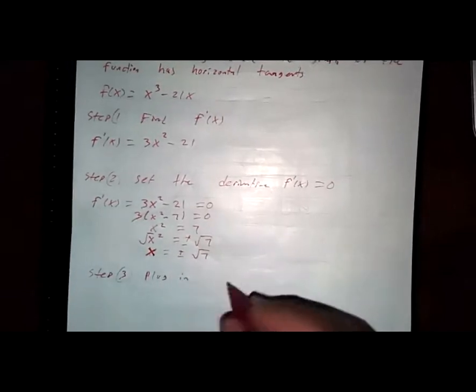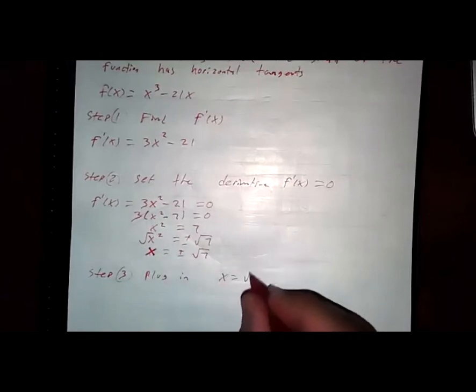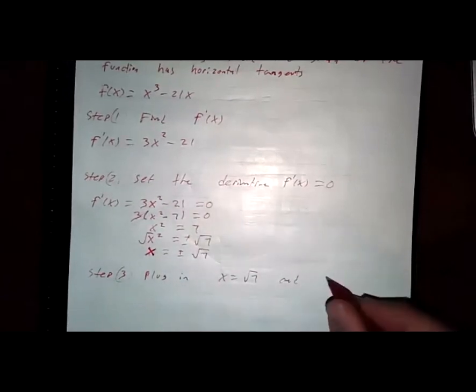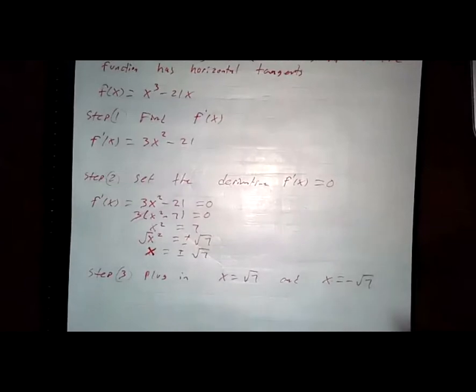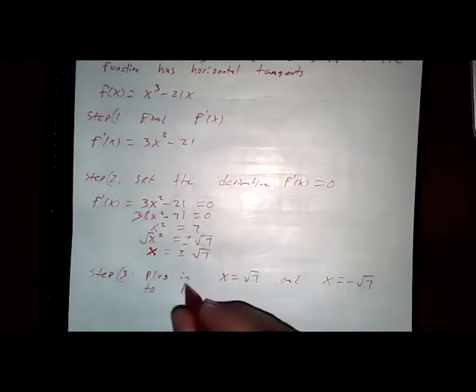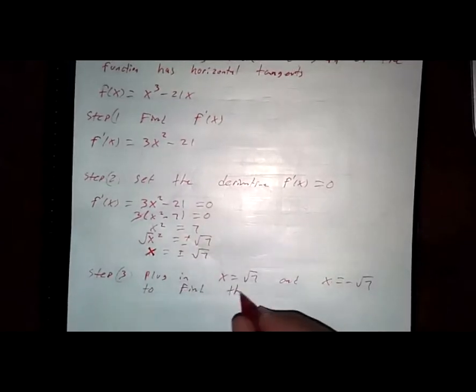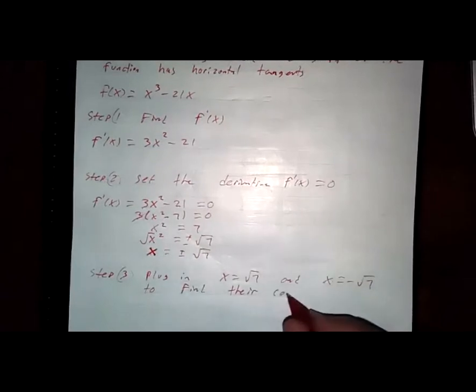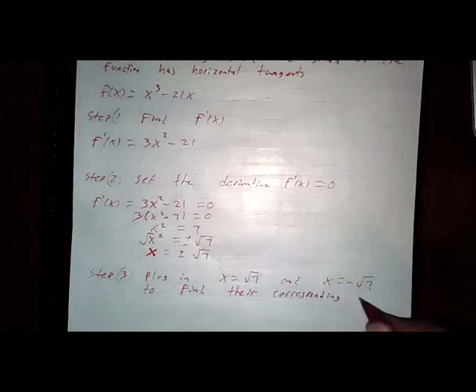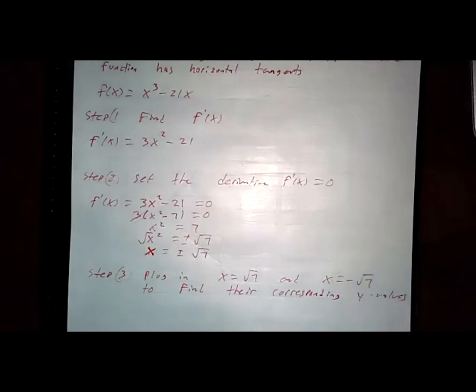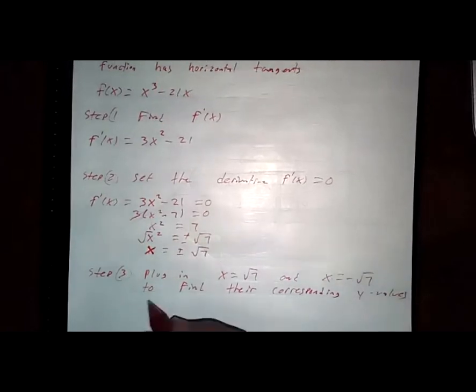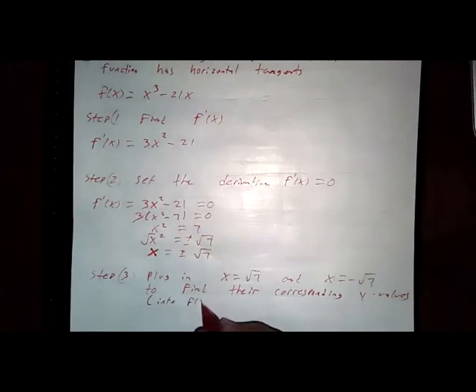Plug in x equals square root 7 and x equals negative square root 7 to find their corresponding y values, into f of x, of course, right?